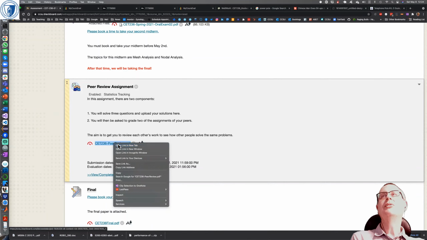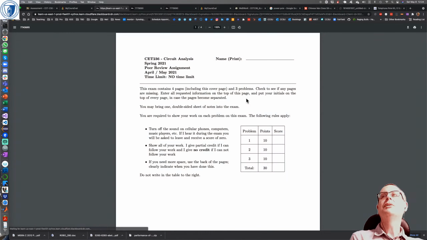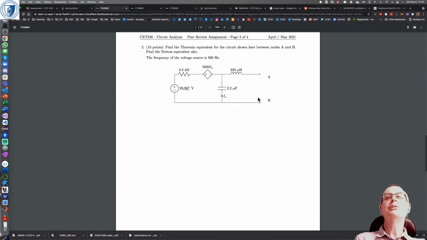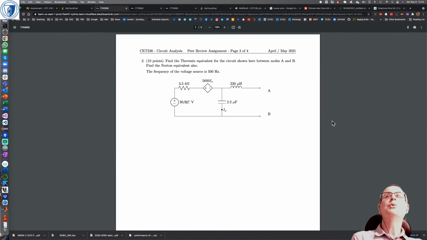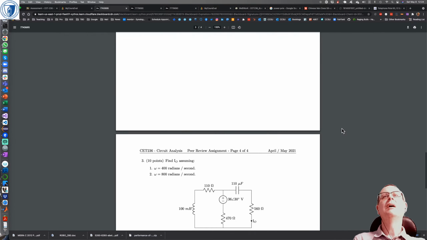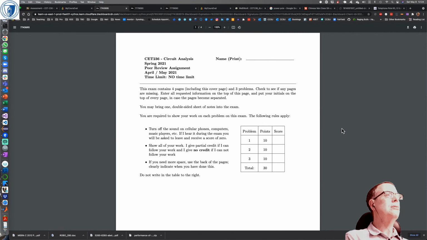And basically it was 3 questions about the different sorts of questions that we've had a look at recently, but using impedances. And the idea with peer review is that you do the assignment, and then once the submission time is over, you then get to review one or more other students' work.